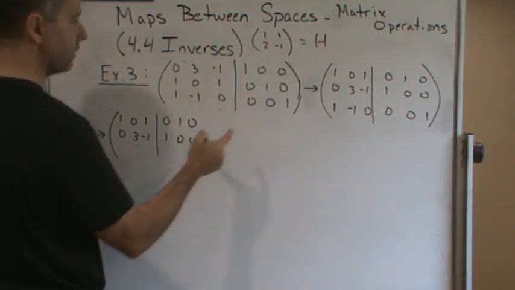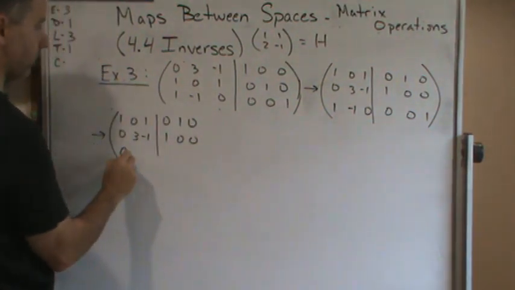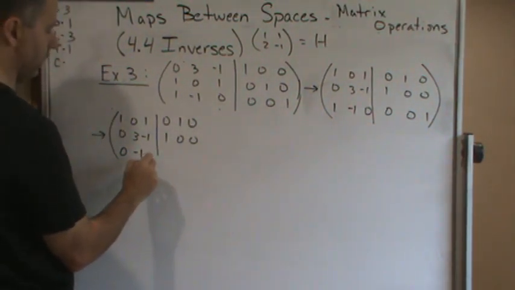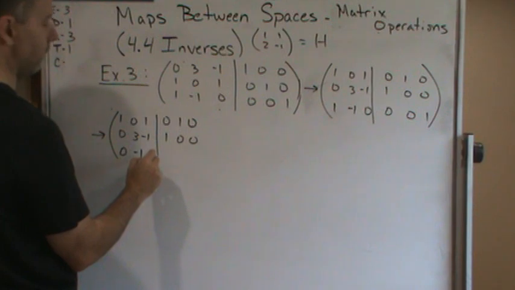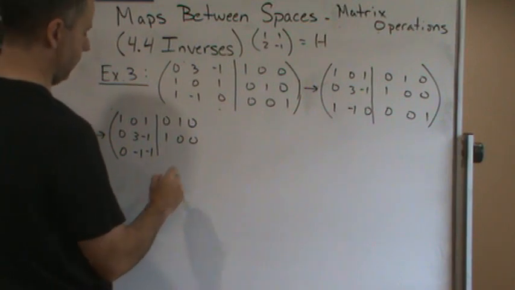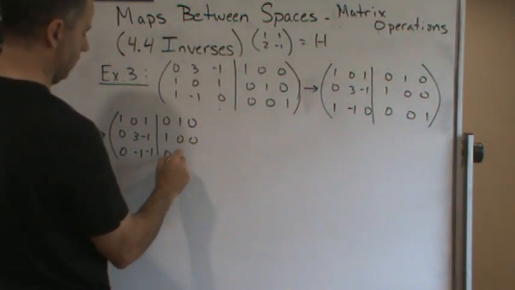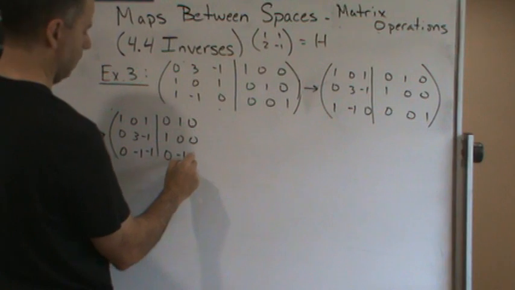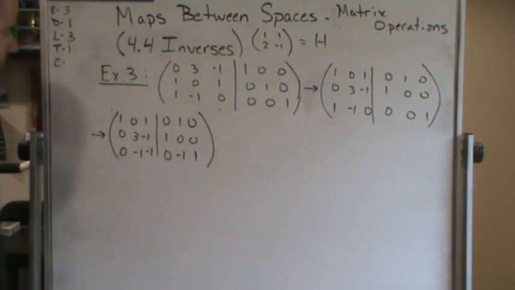And now the third row is going to become 0, negative 1, negative 1, 0, negative 1, 1. Okay, so that's our result.